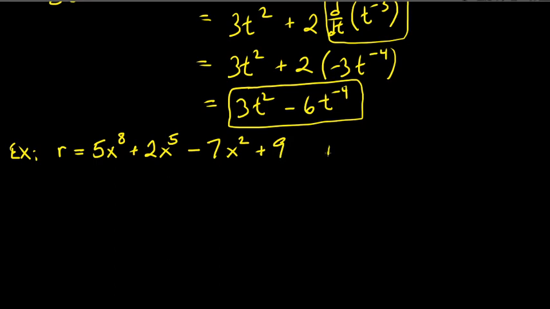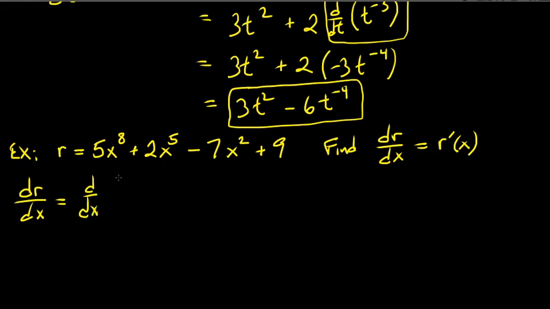Okay, so we want to find the derivative of r with respect to x, or you can also write it as r prime of x. But I'll write it as dr over dx. Well, we have to take the derivative of this whole thing: 5x to the 8 plus 2x to the 5 minus 7x squared plus 9.